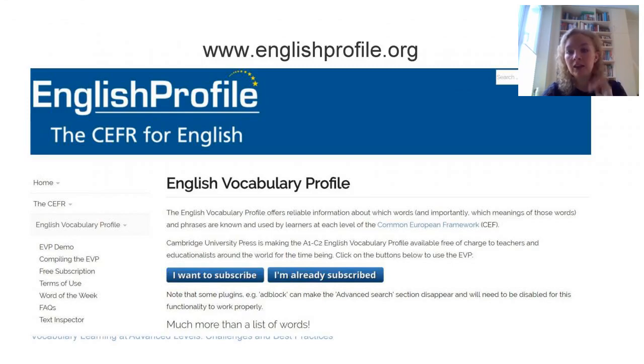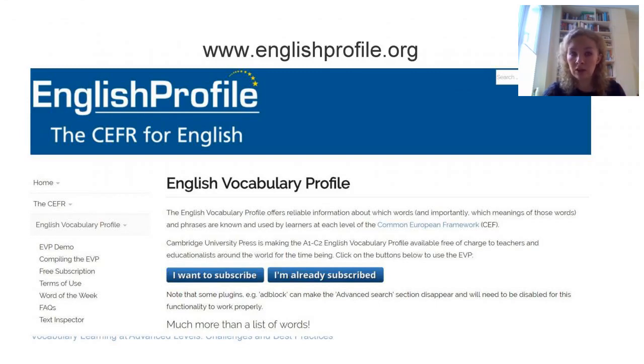If you look at new Cambridge course books, you will see this English profile sign on some of their books. What is it? It's also a database. It's also for free, but you need registration. And here you can see what words and what meanings are used on which CEFR levels.